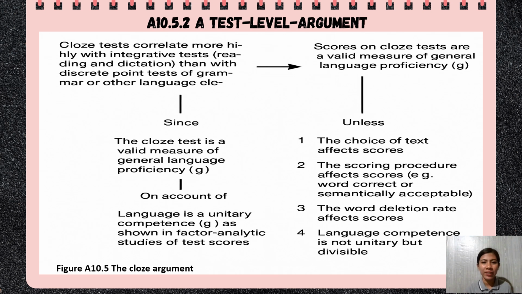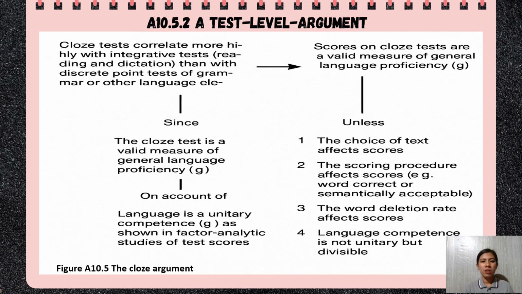So this diagram in Figure 10.5 shows the argument for and against using cloze tests as a way to measure general language ability. Same as in the previous figure, the left side is supporting the argument and the right side is the challenges to the argument.